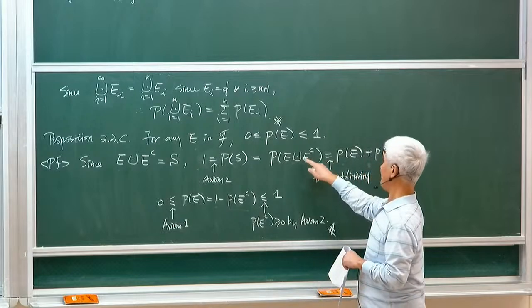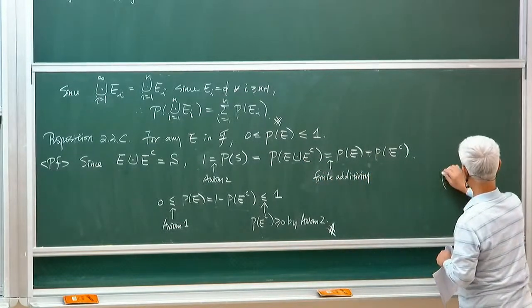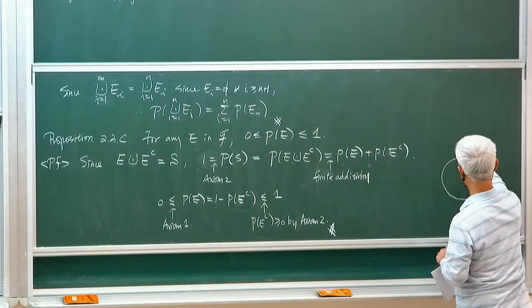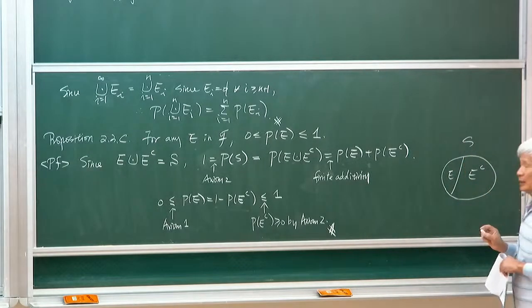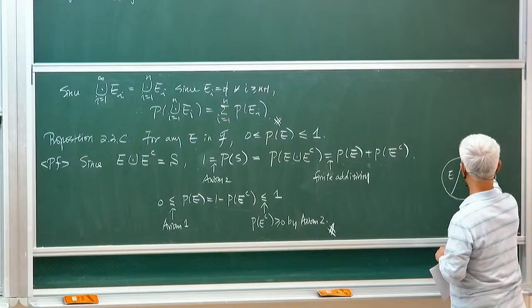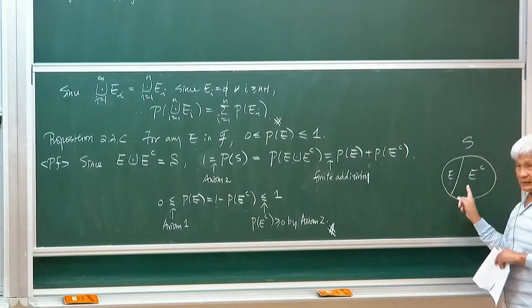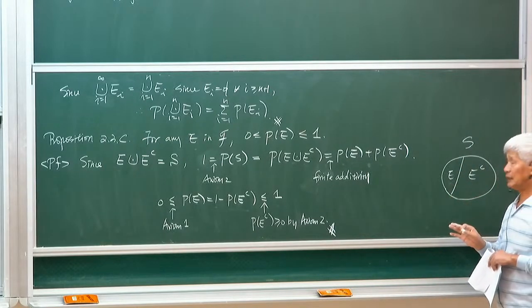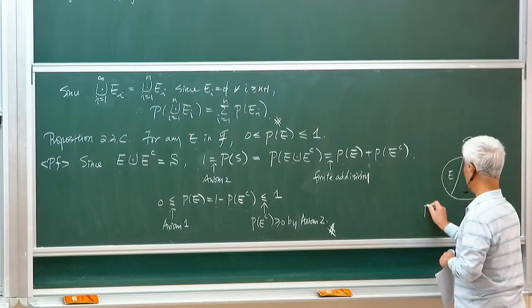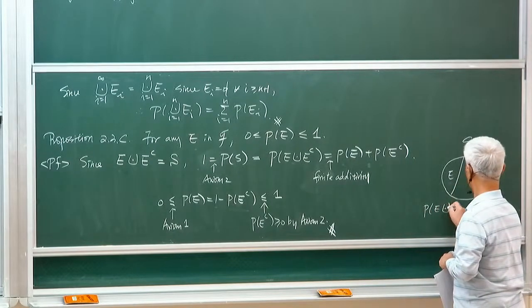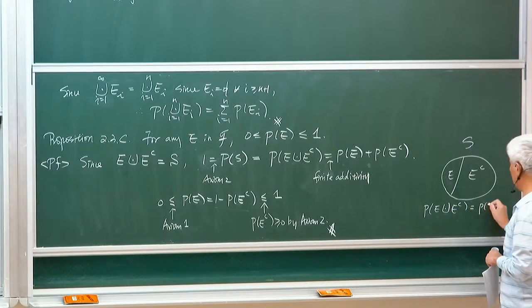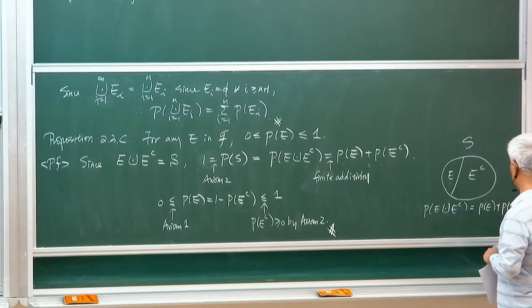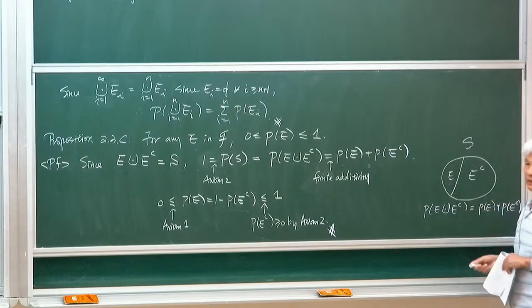Yes, because that's just like here. Suppose this is a sample space. This is E, this is E complement here. So these 2 events are disjoint to each other. By finite additivity, we know that this disjoint union has probability equal to the sum of these 2 events individually.